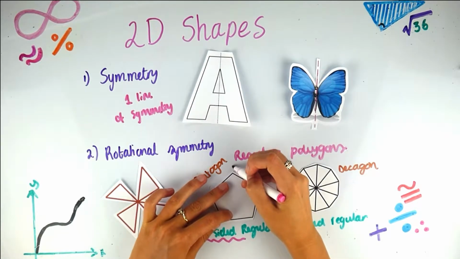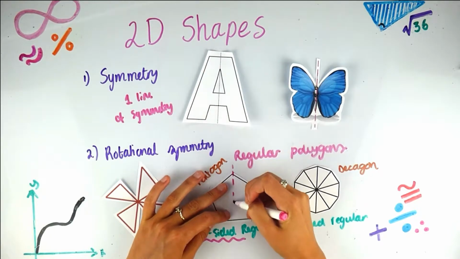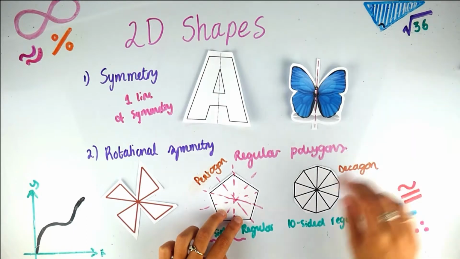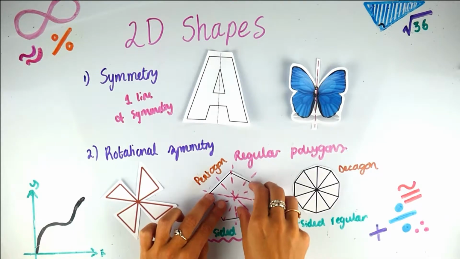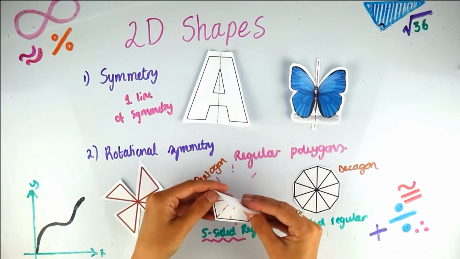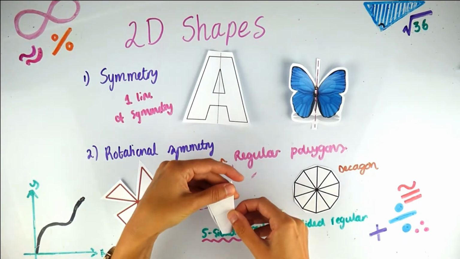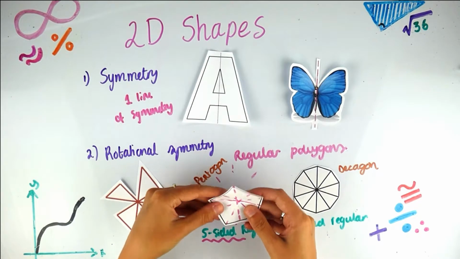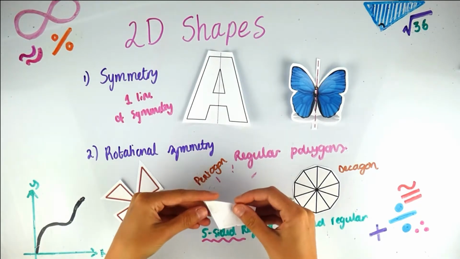So if I draw on these 5 lines of symmetry, we have one there. The reason I know that is because if I fold it on any one of these lines, so we'll take that one, it folds exactly. If I take another line, let's do this one, again the same thing happens.